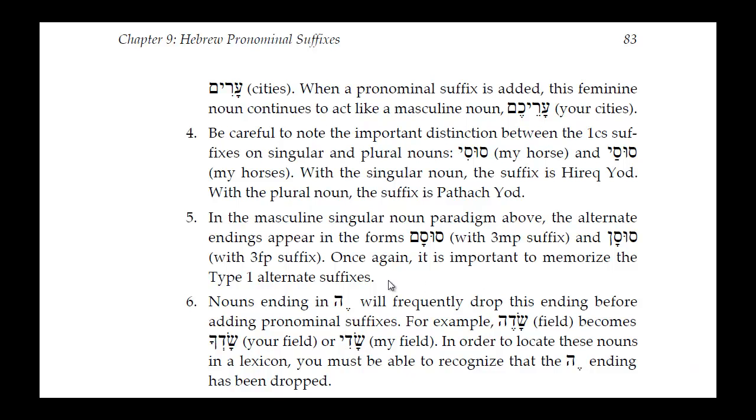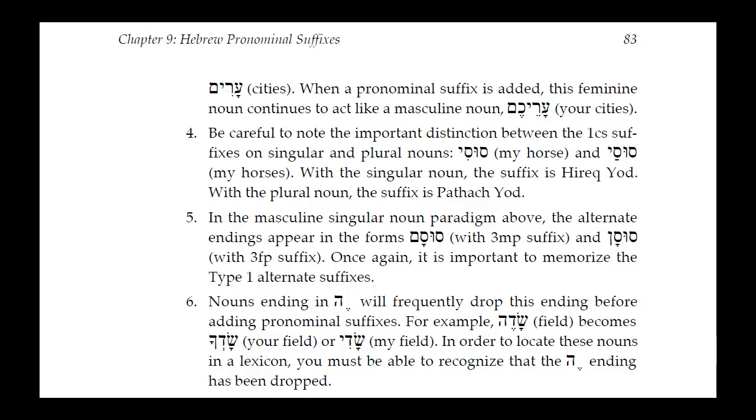In the masculine singular noun paradigm above, the alternate endings appear in the forms of susam. Susam is their horse, third masculine plural suffix. And susan is with the third feminine plural suffix. So it's just important to memorize the type 1 alternate suffixes that we went over too.